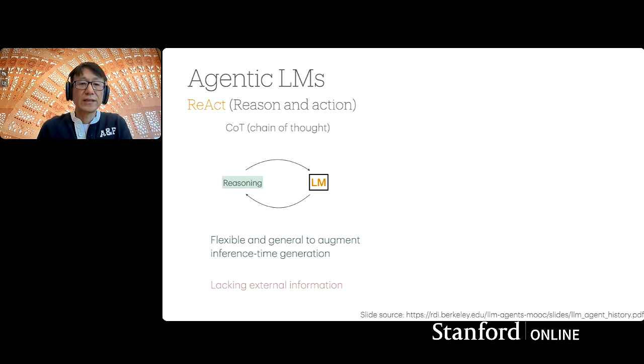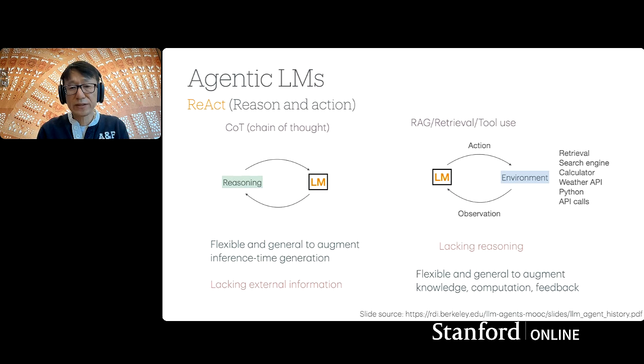The other way to look at it is this: agentic language model usage can be defined as being able to reason as well as take action, also called ReAct, reason and action. The reasoning part is something you can encourage the model to do using a method such as chain of thought.